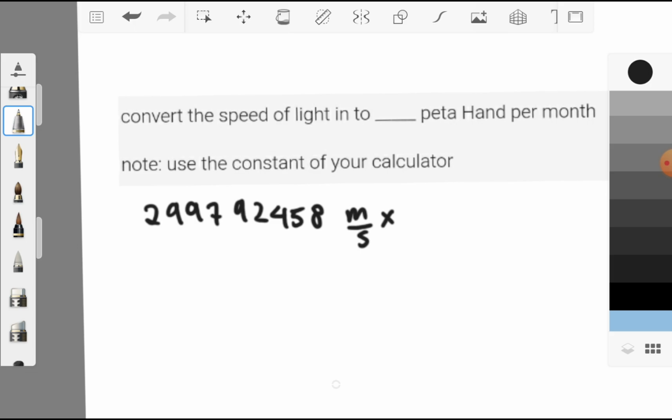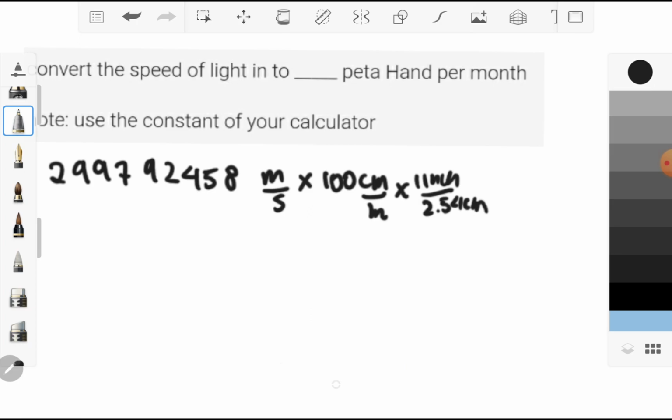No? So, convert natin yung meter mo sa centimeter. So, we have 100 centimeter per meter times we have 1 inch is equal to 2.54 cm, right? So, multiplied by our 1 hand is equal to inch, right? So, makakancel yung inch mo. Makakancel yung centimeter.